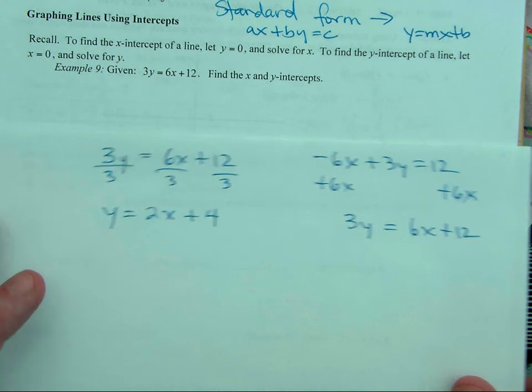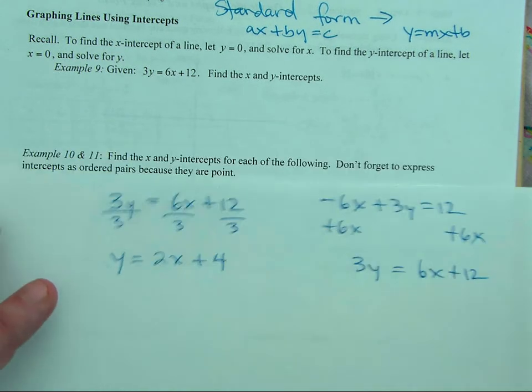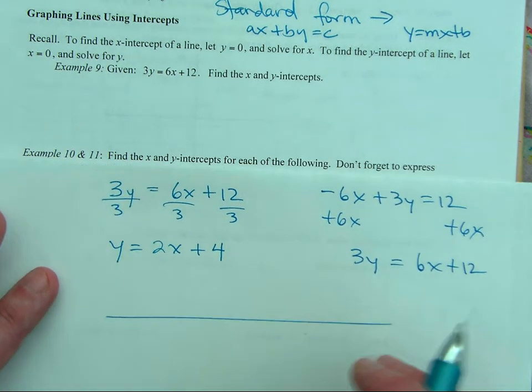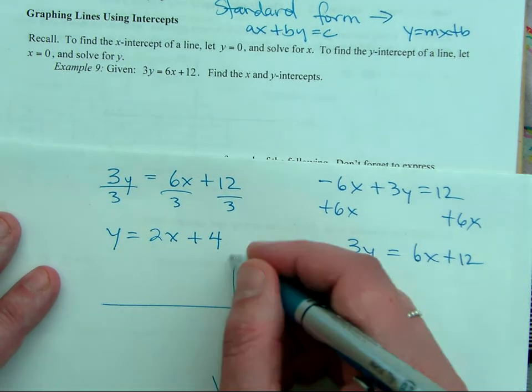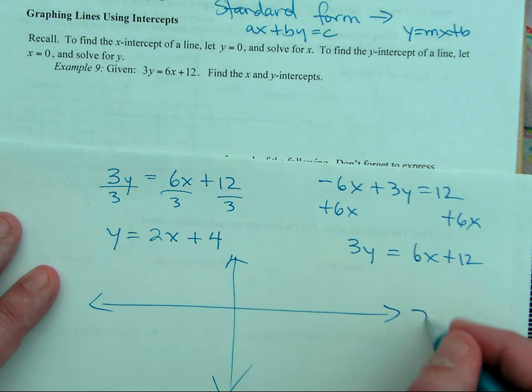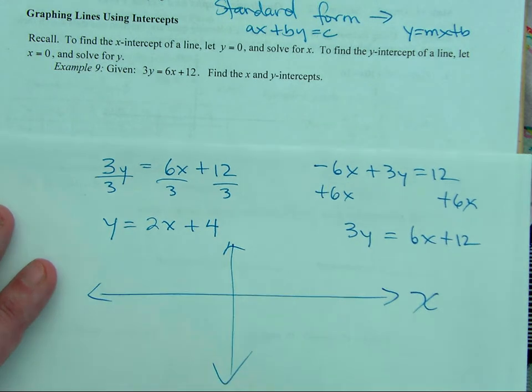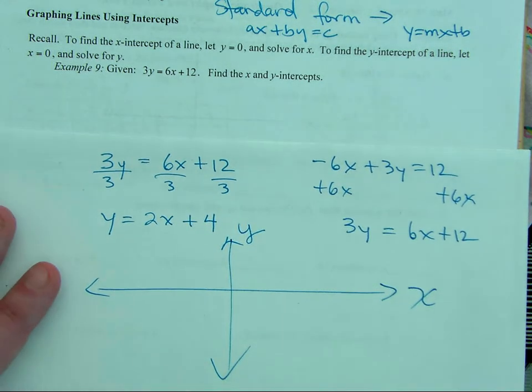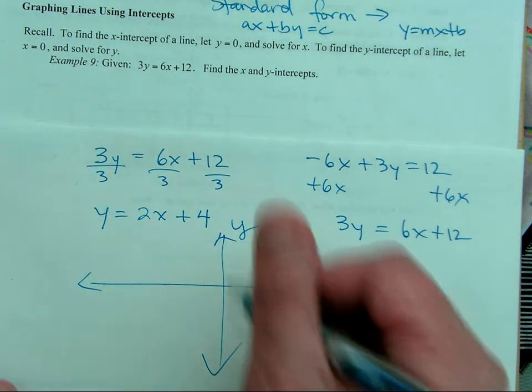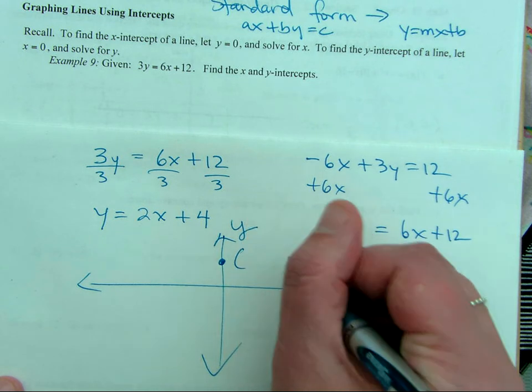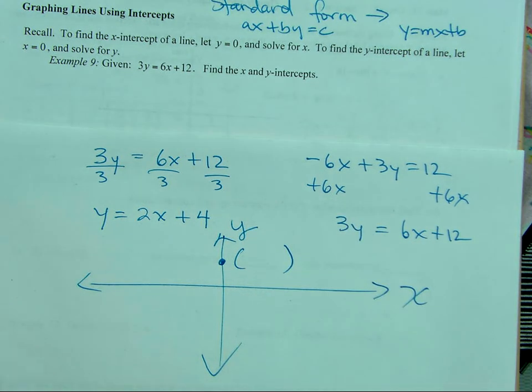Okay, so the idea is we've been talking a lot about graphing. On a graph, if you have a point on the x-axis versus a point on the y-axis, what do you know about any ordered pair on the y-axis?